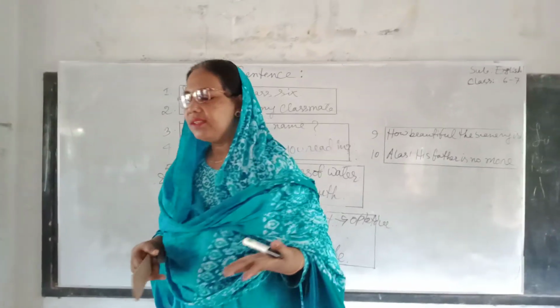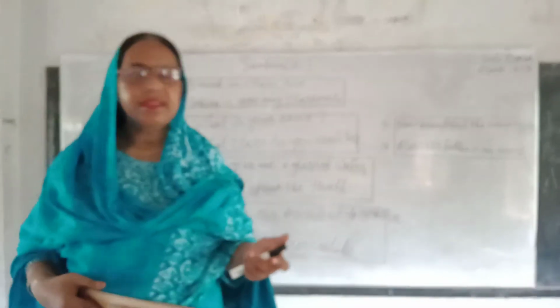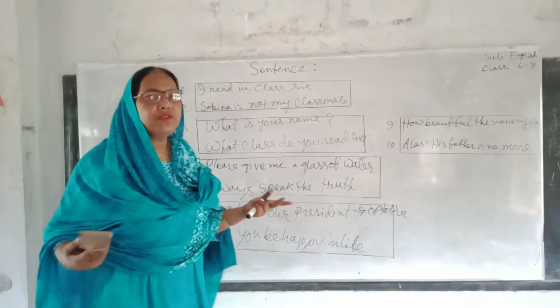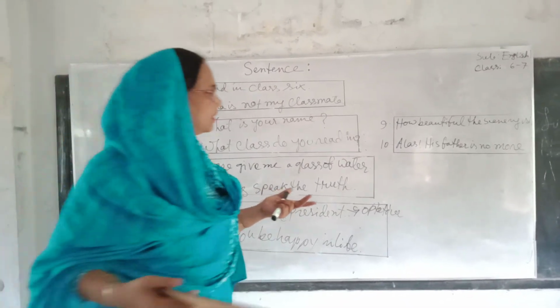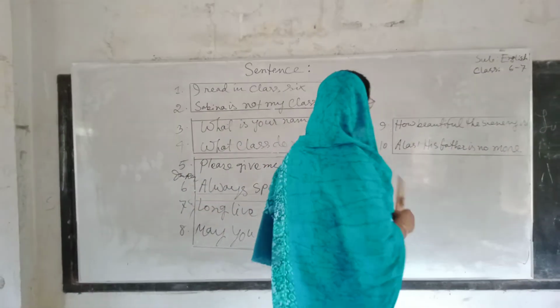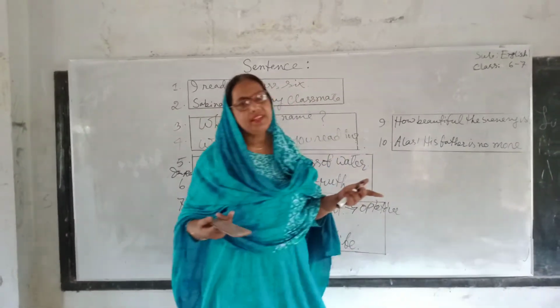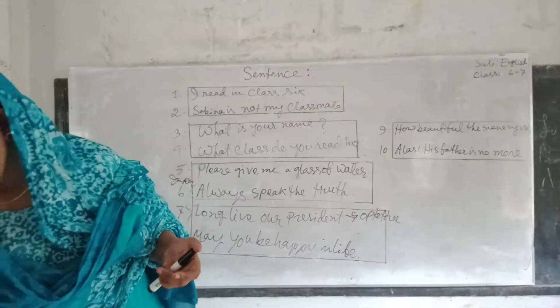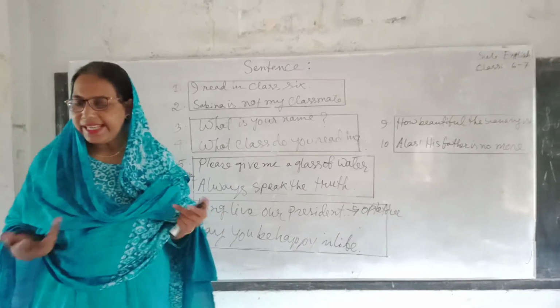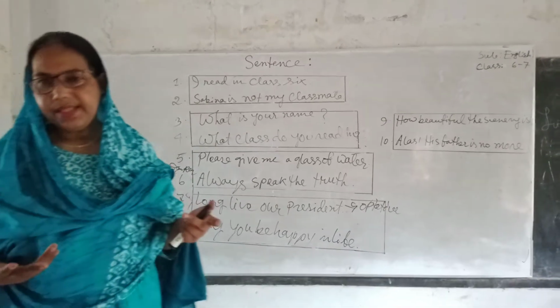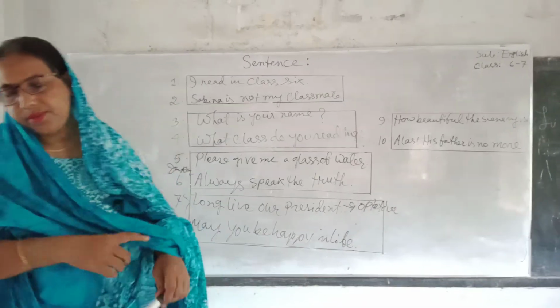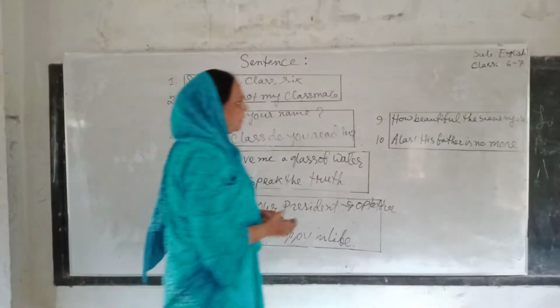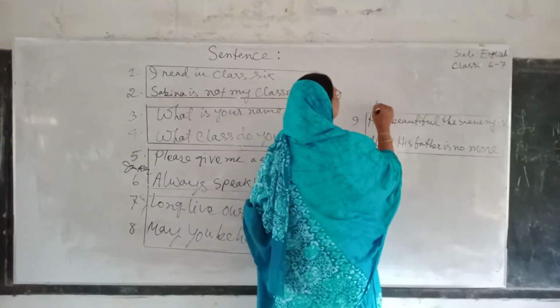Okay, dear student. The first one is how beautiful the scenery is. Okay. Then, alas, his father is no more. Okay, dear student. Do you guess what this sentence is? Okay, dear student, this sentence is an exclamatory sentence.